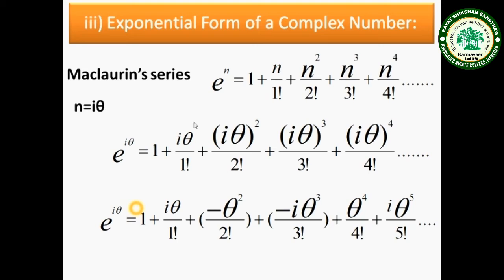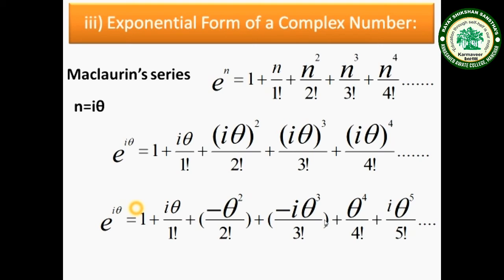So 1 plus i theta upon 1 factorial, n square we have taken as i theta square upon 2 factorial, i theta cube upon 3 factorial, and the remaining terms will be there. But we know that the value of i square is simply minus 1, the value of i cube is simply minus i, and the value of i to the power 4 is plus 1.